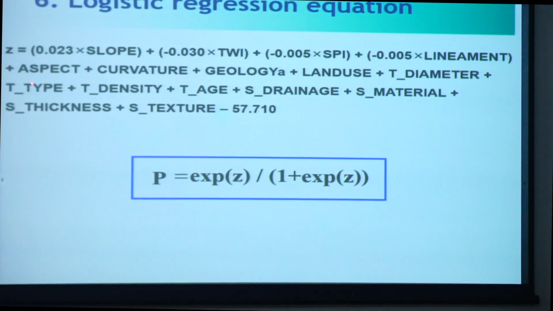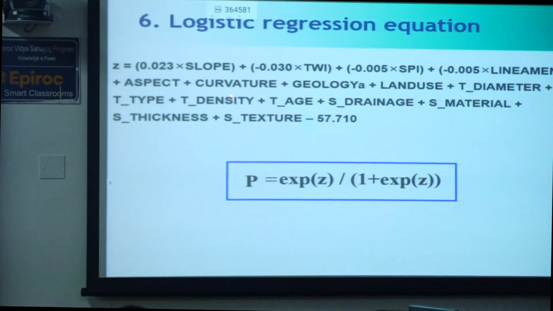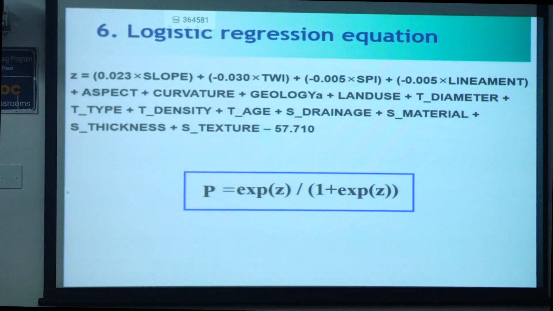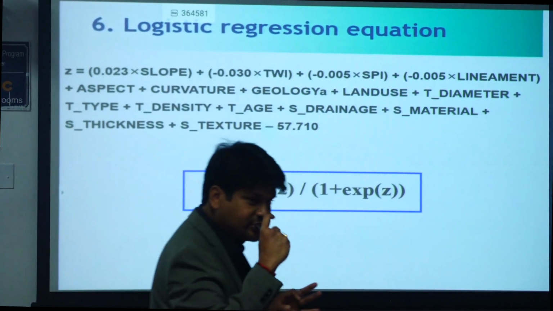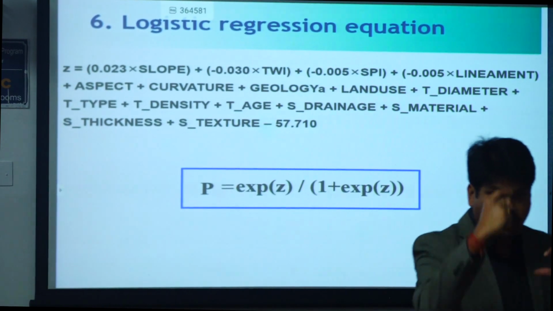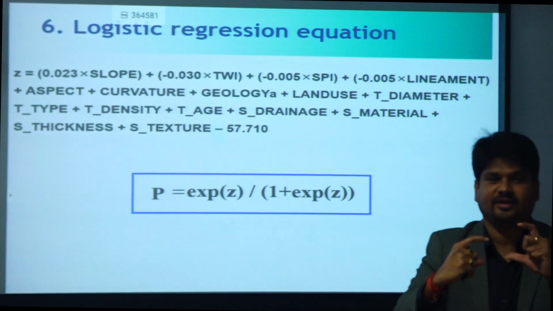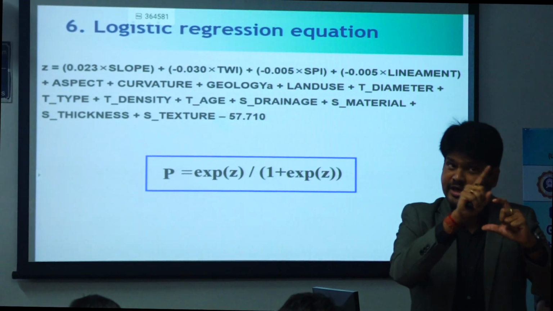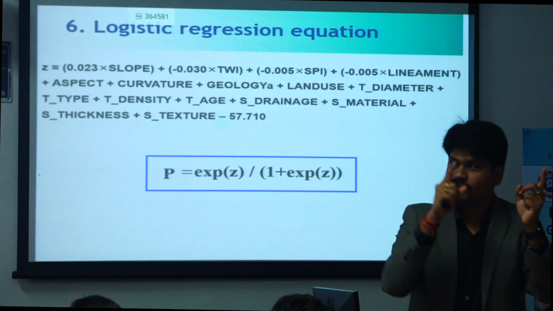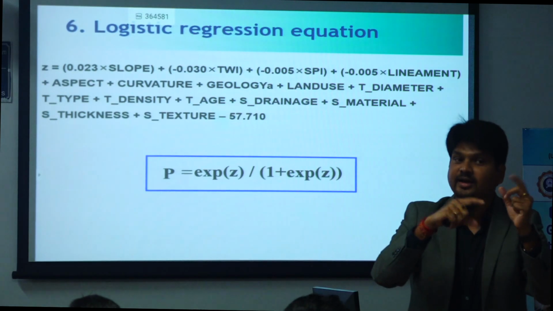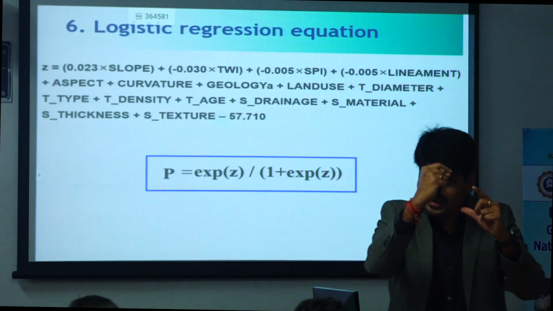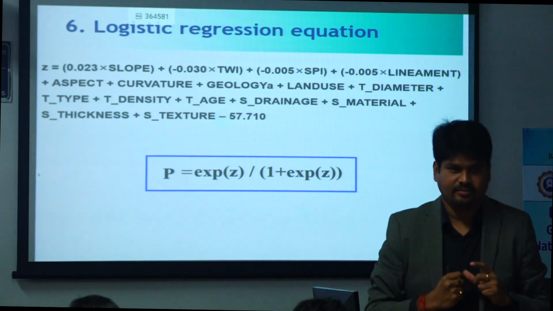Lineament, negatively correlated. Aspect, because it's categorical, so obviously it doesn't give you the weightage, but it gives you the logistic regression coefficients for individual classes of the category. Let's say aspect, you have 9 classes, right? So each class, like in frequency ratio value, we got the value and then we reclassify, right? It gives you actually the value for each of the classes, each of the category.